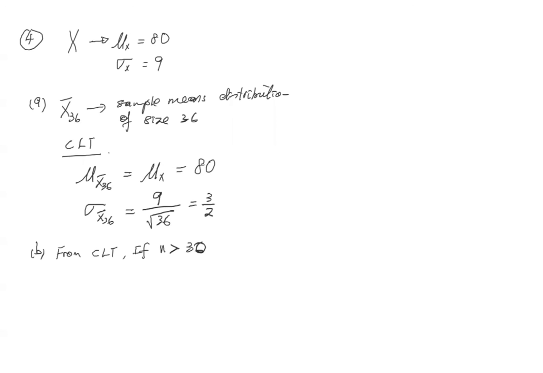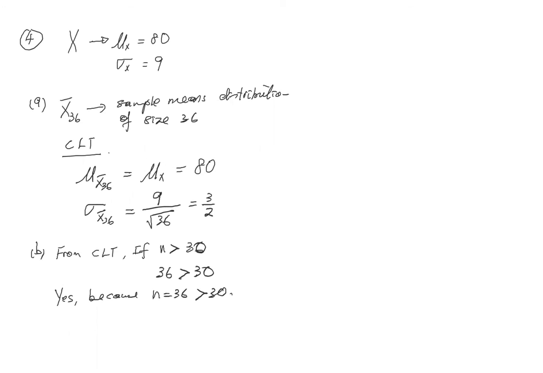Our N is 36, which is greater than 30, correct? So is it approximately normally distributed? The answer is yes, because N is equal to 36, which is greater than 30.